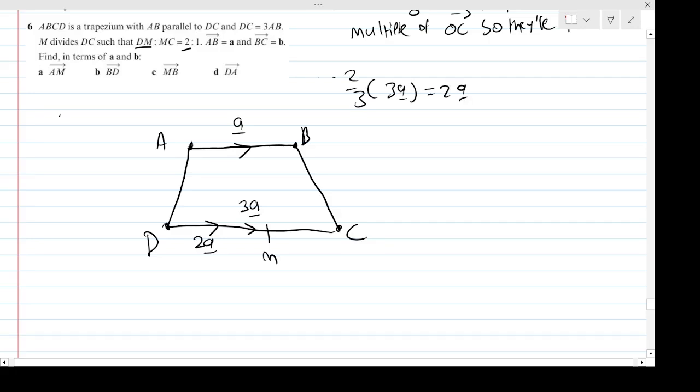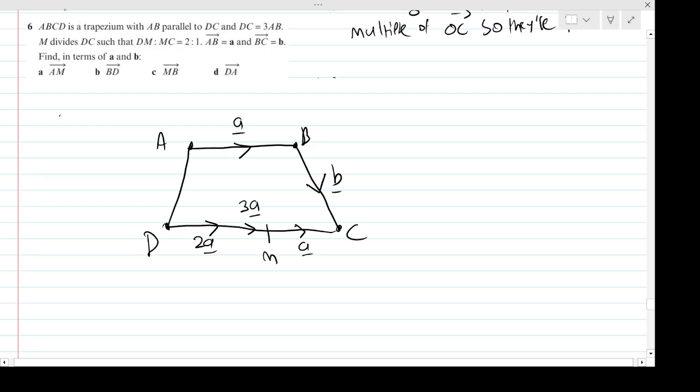This means the remaining part has to be a. So I have 2a there, and then another a gets me 3a overall. That's what the ratio means. And also B to C is b. So we've got quite a lot of information there.